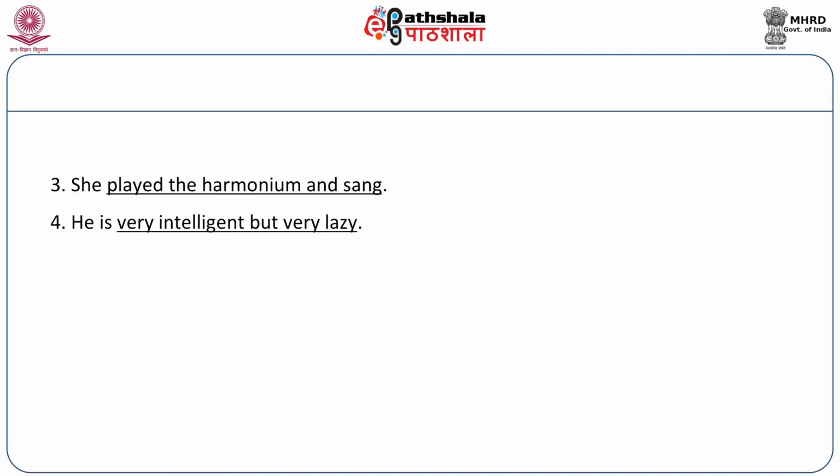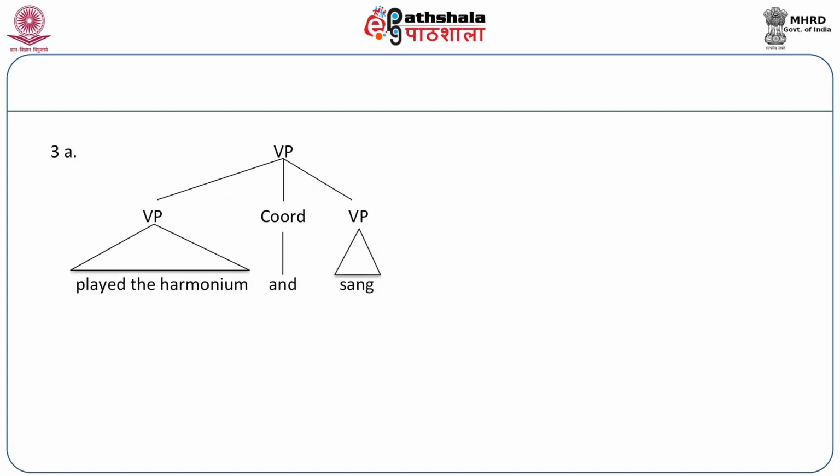Here two adjective phrases have been coordinated, very intelligent but very lazy. And in the 5th sentence we have, do you want a pen or a pencil? As you can see here, two noun phrases have been coordinated. A pen is a noun phrase and a pencil is the other noun phrase.